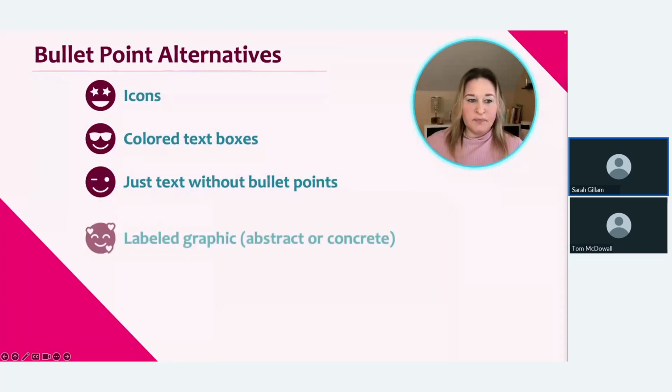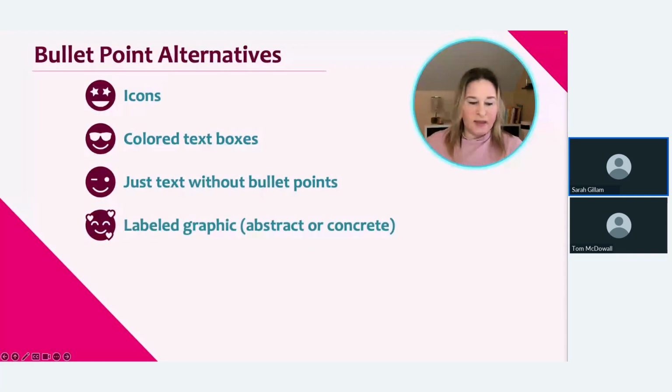And then finally, a labeled graphic. We'll look at some examples of this. Ideally, you want to have as little text as possible on the slides, right? You want to show your audience with graphics, animations, things that won't distract from what you're saying. And so this is one example of something that you could do instead of bullet points.